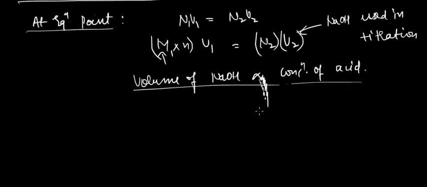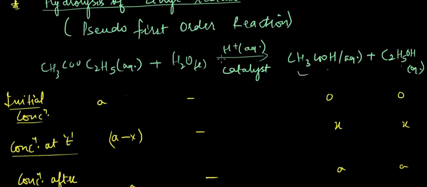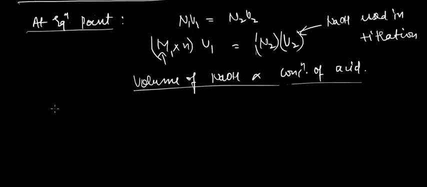In the initial phase, I hope you have noticed that we have also used H plus as a catalyst in the mixture. So when we are initially titrating NaOH with the solution, at equivalence point only the H plus from the catalyst would be participating in the acid base titration with NaOH.